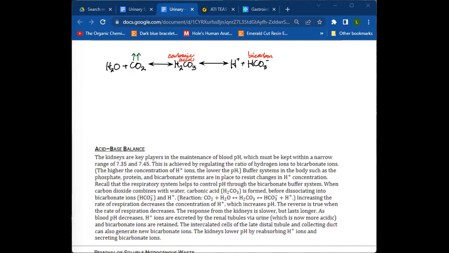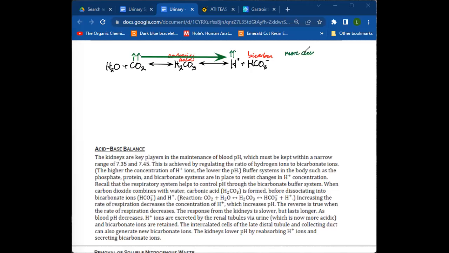Okay, and then what that's going to do is, these double arrows indicate that the reaction is reversible, it's going to cause the reaction to shift to the right. And so that's going to increase the concentration of hydrogen ions, which is going to make the blood more acidic.